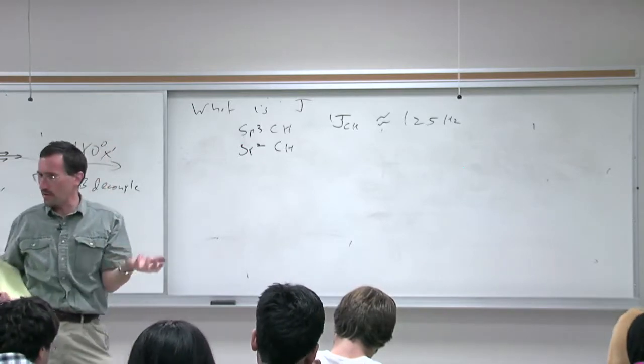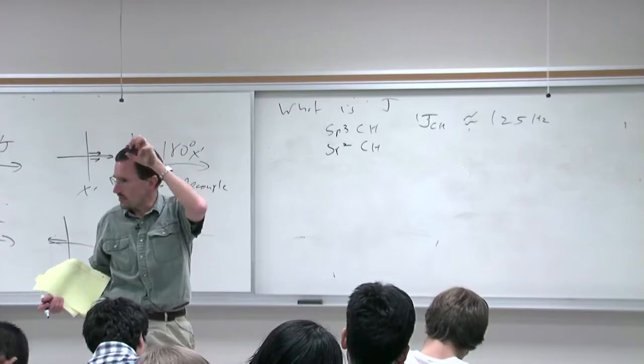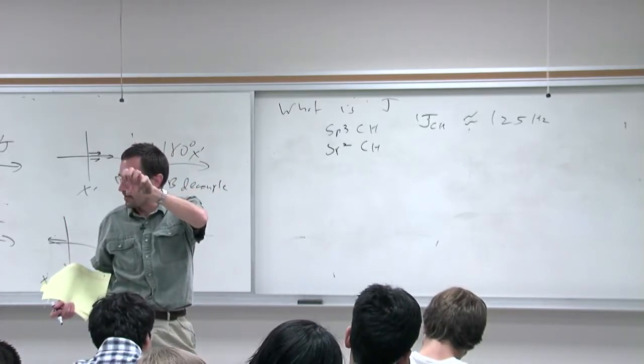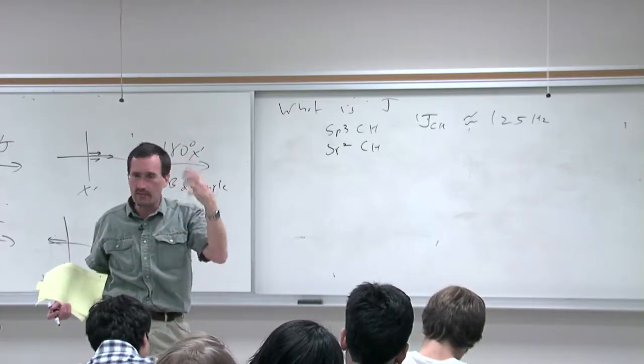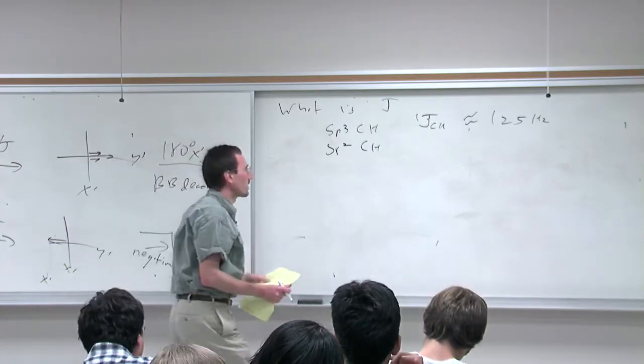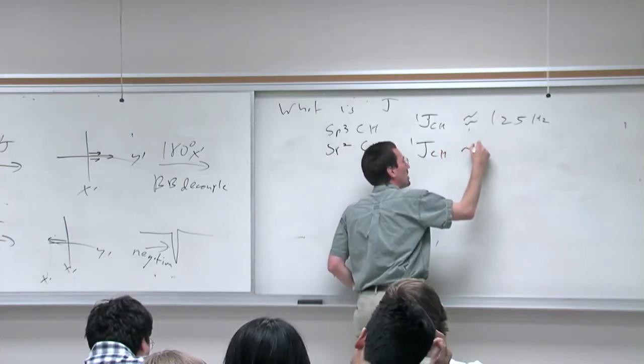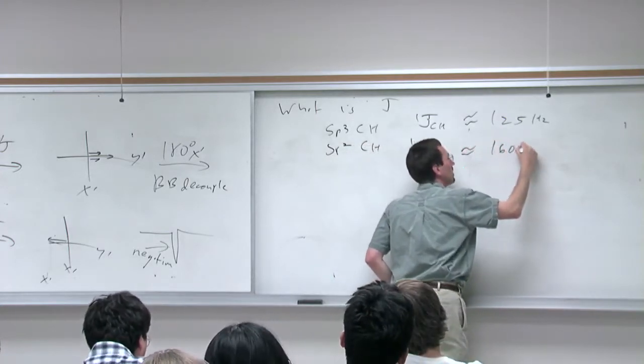If you have more s character, 33% s character, those electrons are spending more time near the carbon nucleus than if you have only 25% s character. So you get a bigger coupling constant. So the J1CH is about 160 hertz.